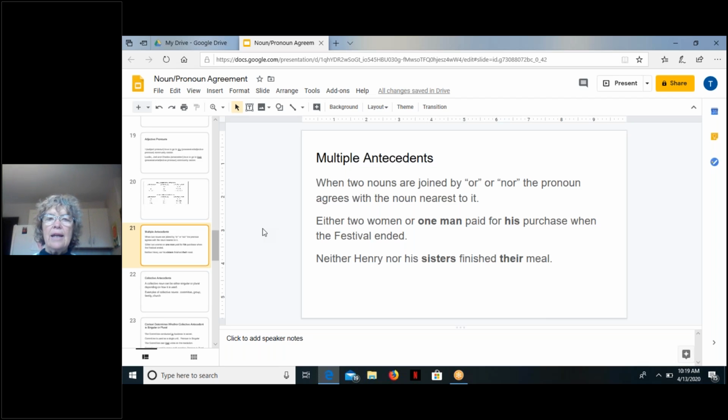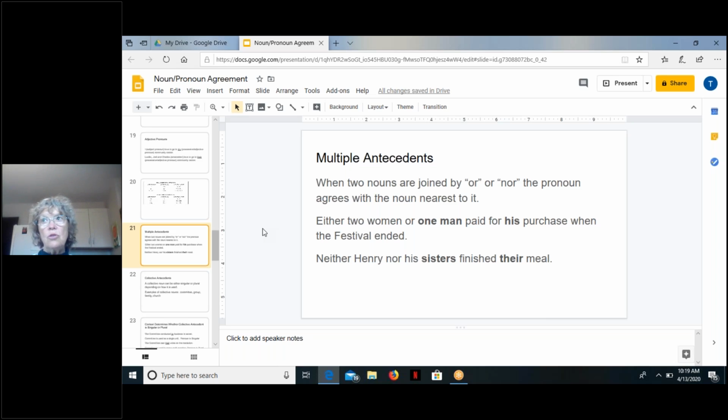In this case, we're talking about two nouns that are joined by or or nor in your sentence, but they themselves don't agree. The example here is: either two women or one man paid for his purchase when the festival ended. We have two women and one man.